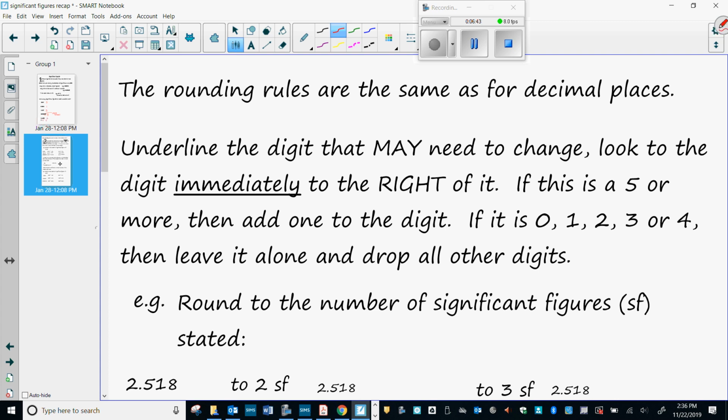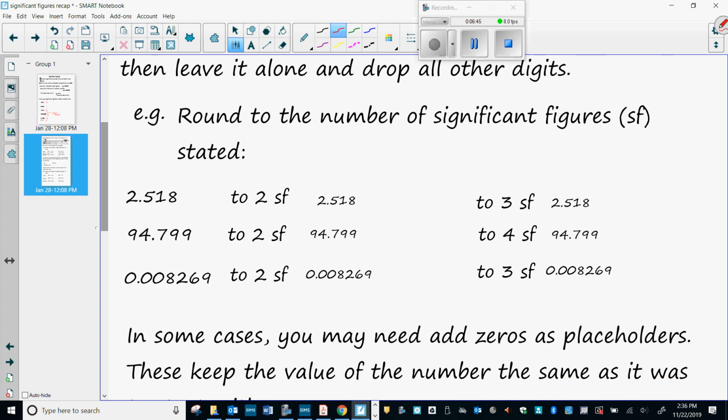Okay? So if we're rounding 2.518 to 2 sig figs, we count 1, 2. I'm underlining my 5. I'm looking at just this digit here. Is that digit 5 or more? No, so it satisfies the other condition in which we just drop it and we write 2.5.